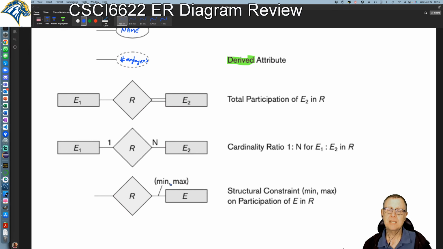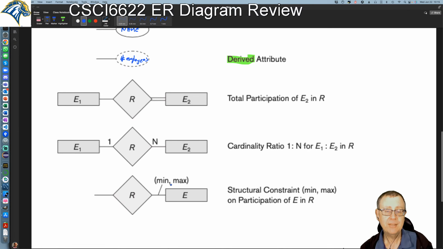The next one is saying that for every one E1, we have n E2s, and then it's possible also to have a range of values on the cardinality, the multiplicity of values.